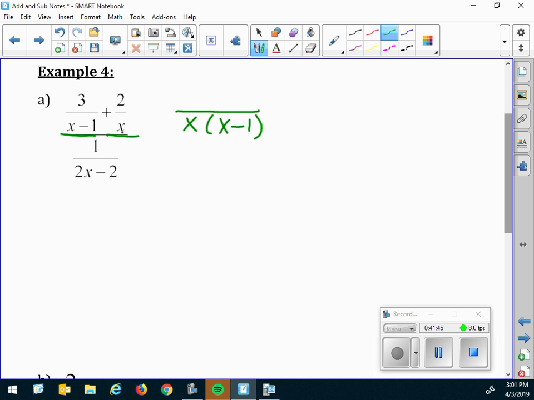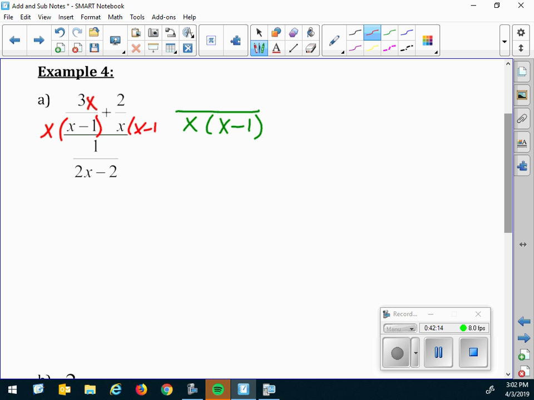Yeah, just leave it like this. Now, what does this first fraction, 3 over x minus 1, need? X. What does this fraction need?